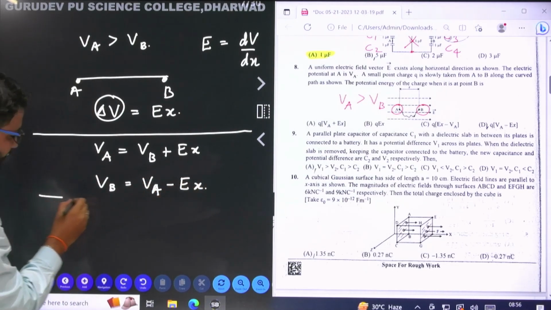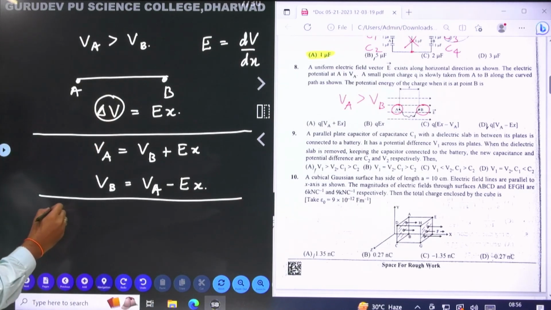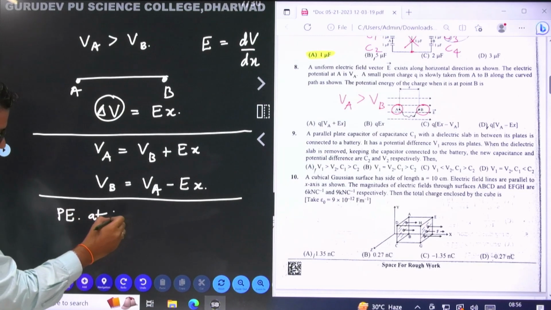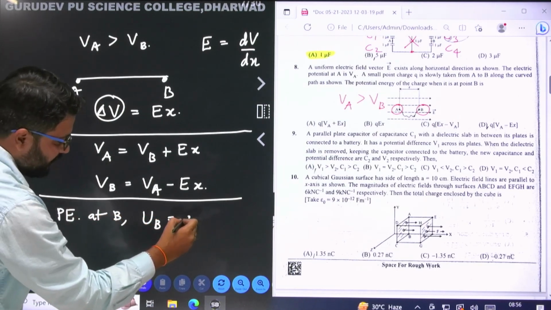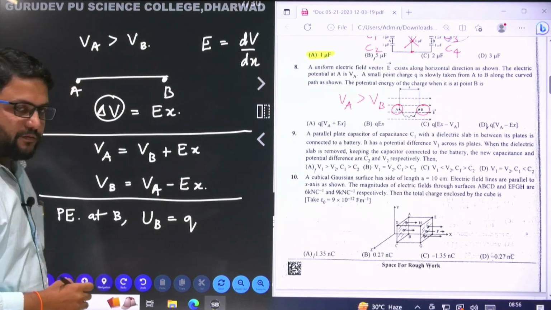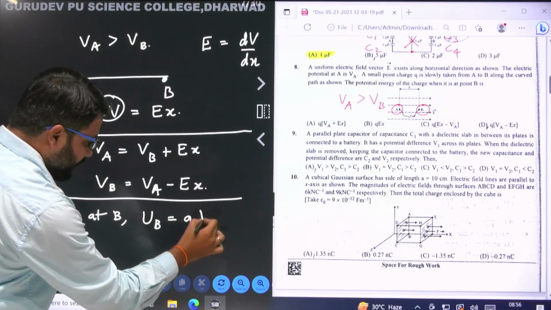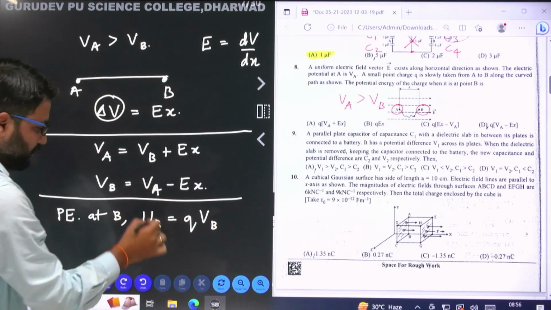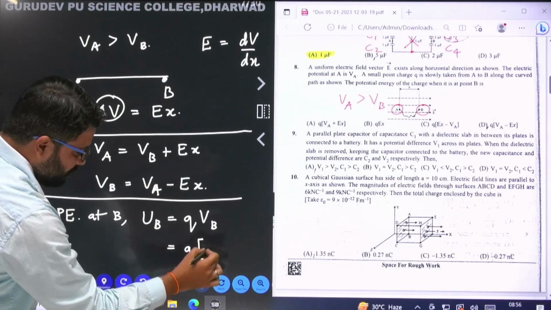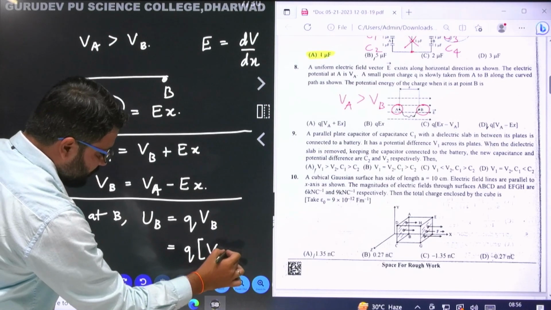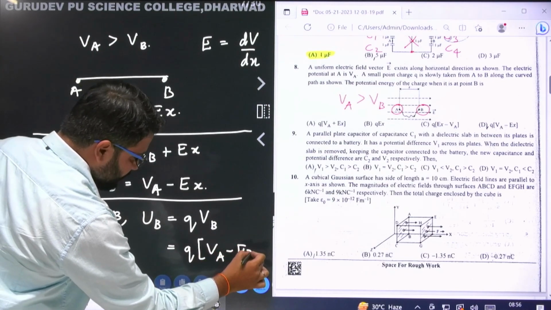As they are asking us to find the potential energy at B, I'm going to write it as UB. UB is equal to Q, the charge, into the potential at B. As you can see, I have already written the potential value at B, which is VA minus EX.